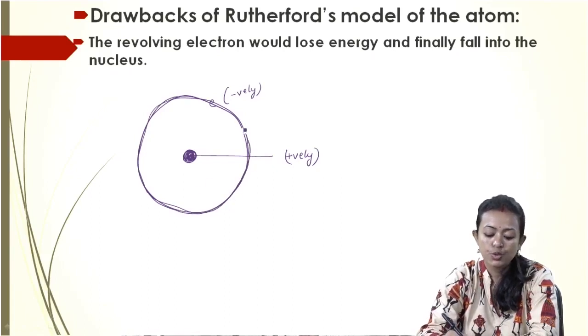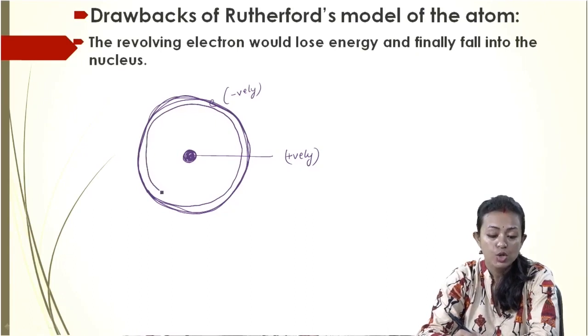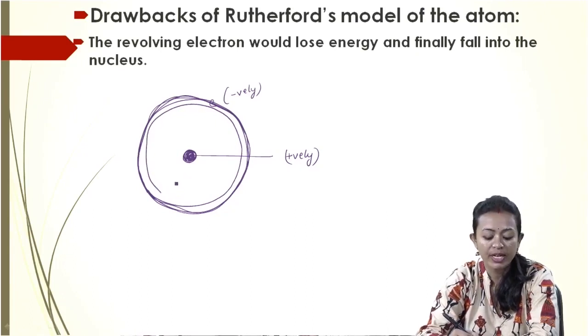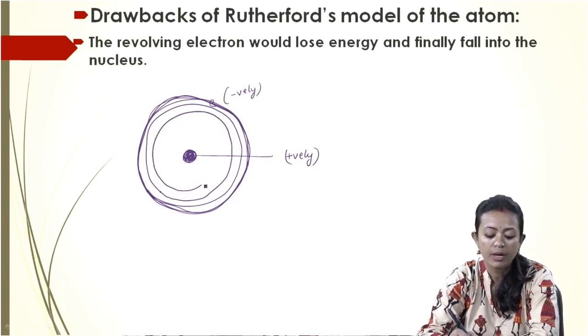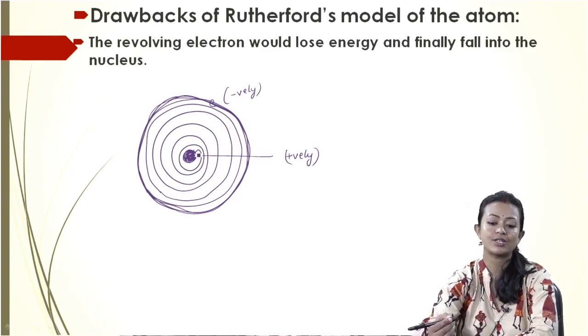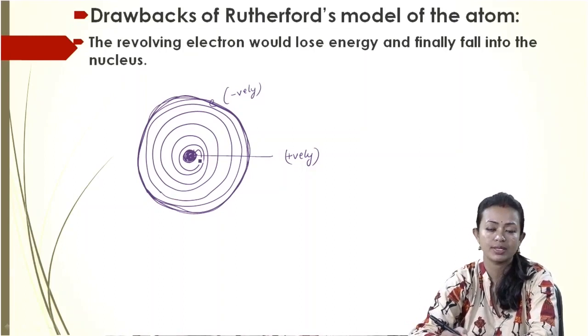But due to this continuous movement, it would gradually lose energy in the form of radiation. When it loses energy in the form of radiation, it will become weaker, and these electrons are bound to come closer to the nucleus because the negative electrons get attracted by the nucleus, and then there is every possibility of these electrons collapsing into the nucleus.